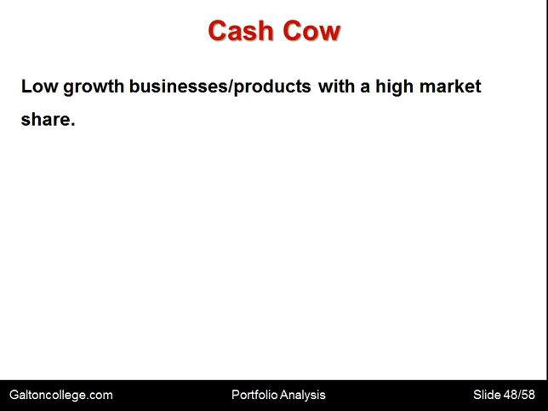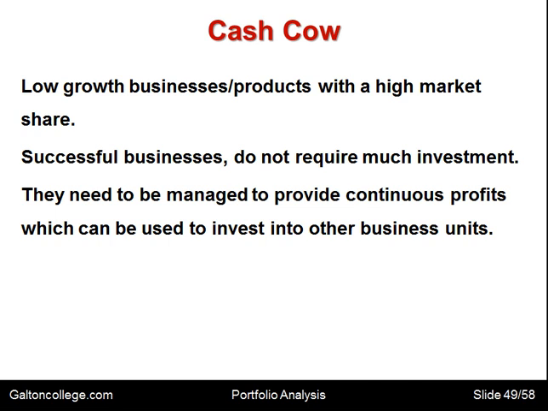Now cash cows, well, they have low growth rates and high market share. So they've got a lot of the market, but they're not growing very fast. Successful businesses do not require much investment. So they're successful and they don't require a lot of investment. They're not growing very fast, but they have a large market share.